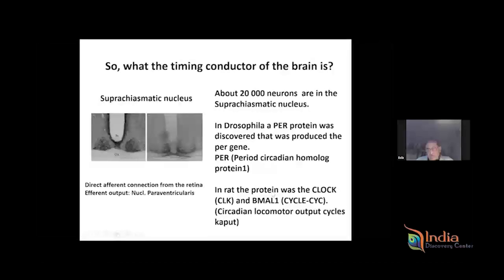In the rat, this protein was also discovered, the CLK, the circadian locomotor output.